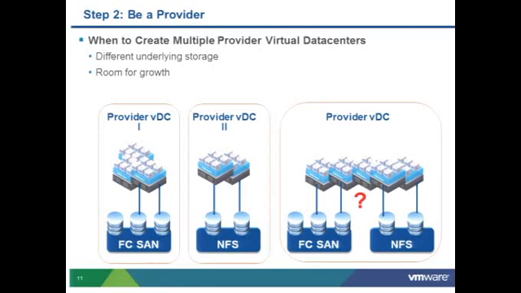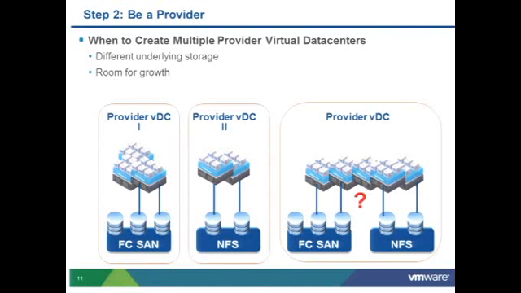So if you have in your environment different levels of storage performance characteristics, so in this example you've got Fibre Channel SAN and NFS, then a best practice is to split that and create two different provider virtual data centers. So you see here provider virtual data center 1 and 2. That's a way to keep your storage characteristics separate.